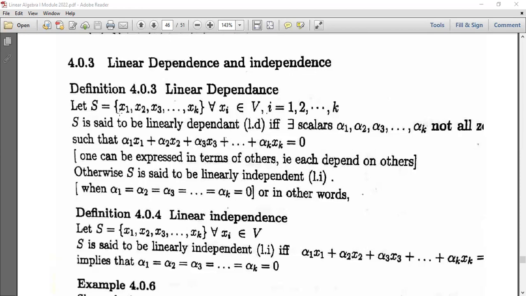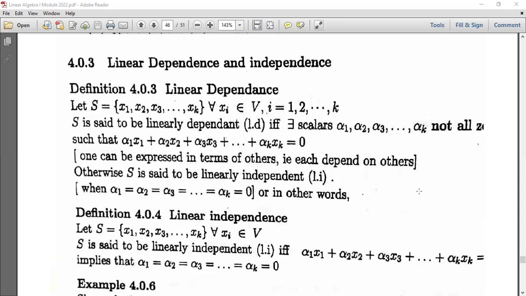That means a set is said to be linearly independent if the only time this linear combination is equal to 0 is if all the constants are zeros. But if we write a linear combination and we find the constants are not all zeros, yet the linear combination is 0, then we get linear dependency. Okay.